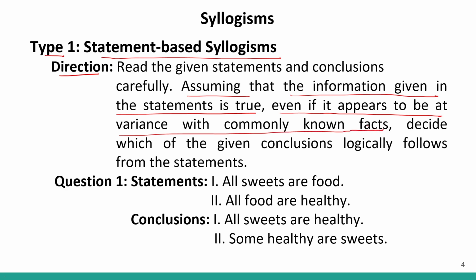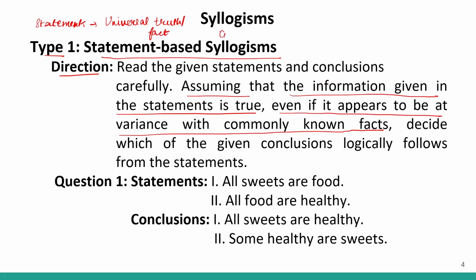What do you mean by this? So I told you that whenever we solve questions on syllogisms, we take the statements to be universal truth, or you can also call it universal fact. And at the same time, we do not follow the common logic.